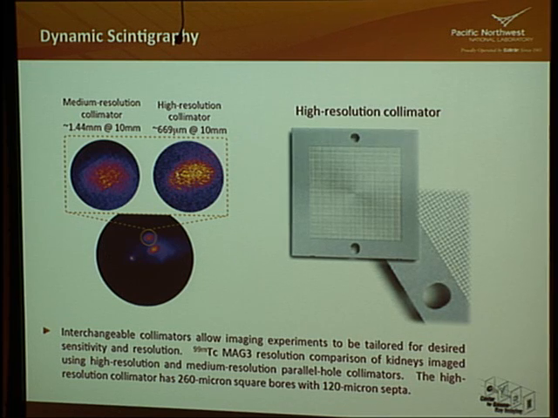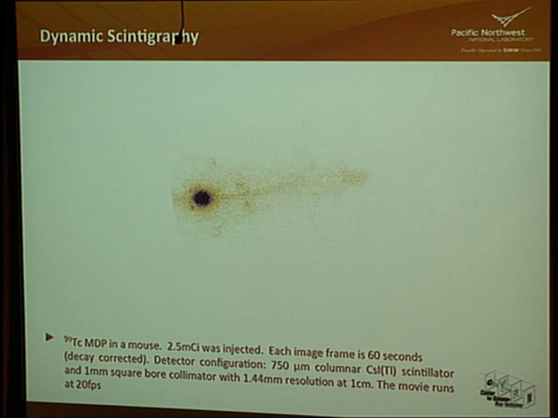So we use this imaging technique to do what's called dynamic scintigraphy. So we're just producing planar images of an object. And here's an animation showing this technique. So here in this setup, we have a mouse that was injected with a radioactive tracer that targets primarily growth areas of the bone, so joints, knees, skull.